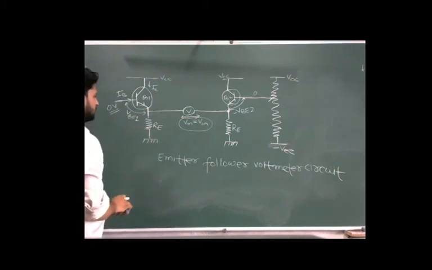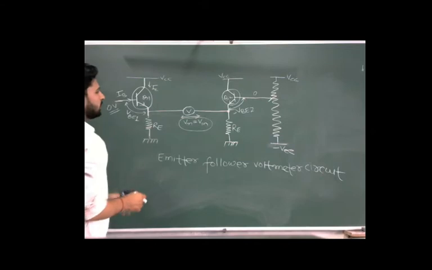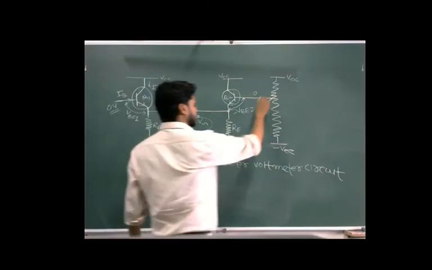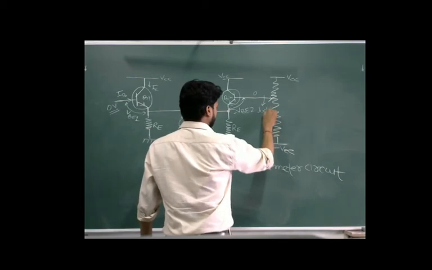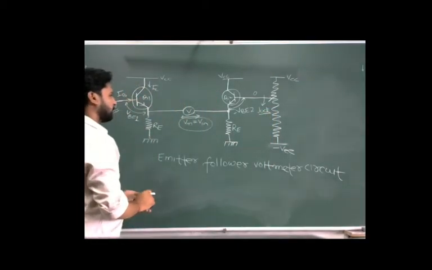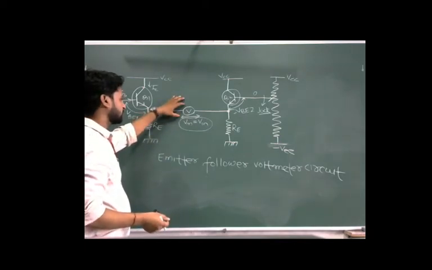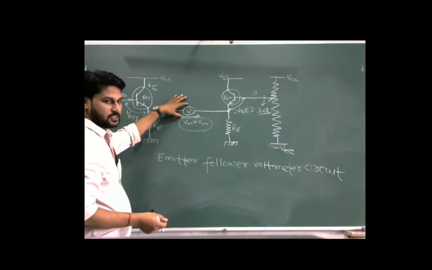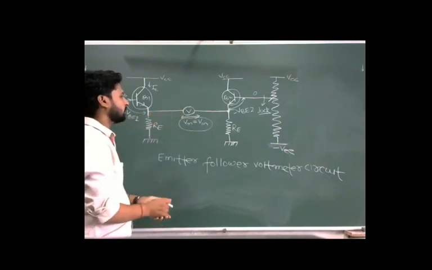When this terminal is at 0 volt, we adjust this knob at the point where the voltmeter produces zero deflection, meaning the potential across the voltmeter is zero.